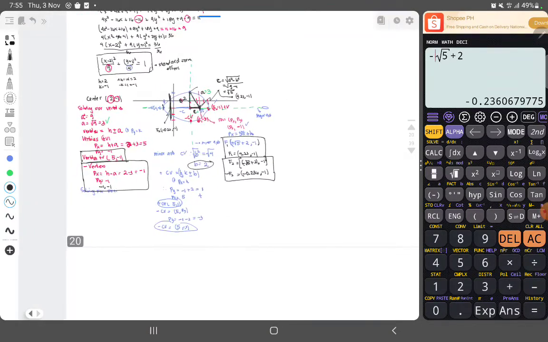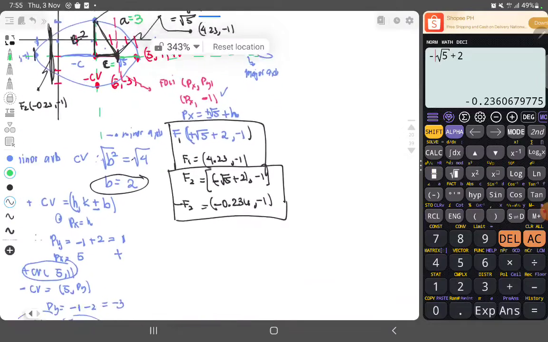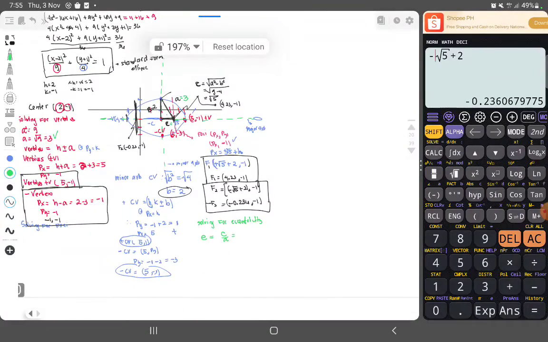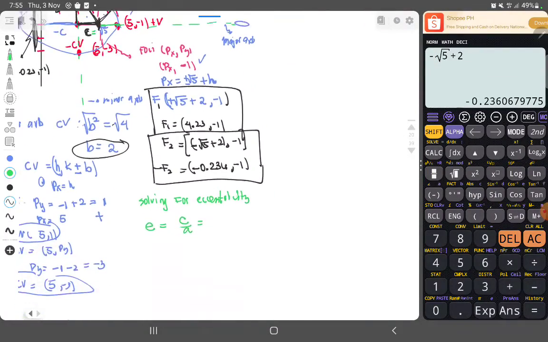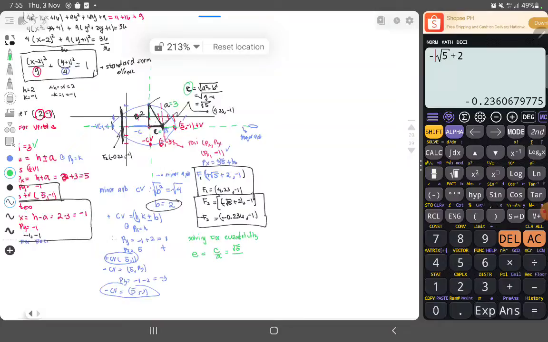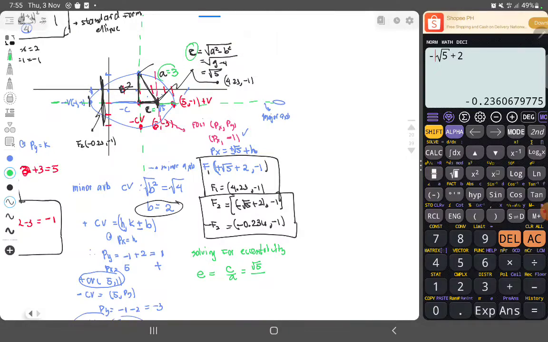Next is our eccentricity. So solving for the eccentricity, our eccentricity E is just equal to C over A, where our C was solved as the square root of 5, the location of the foci, divided by A, which was solved as 3.